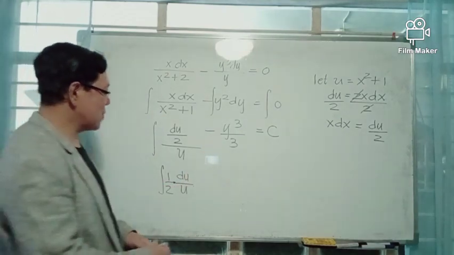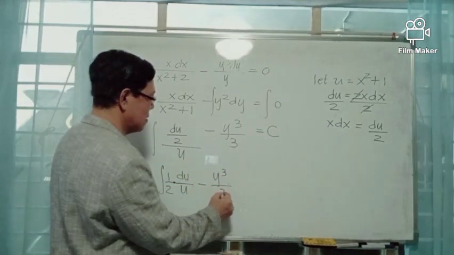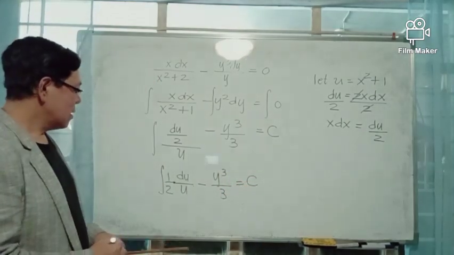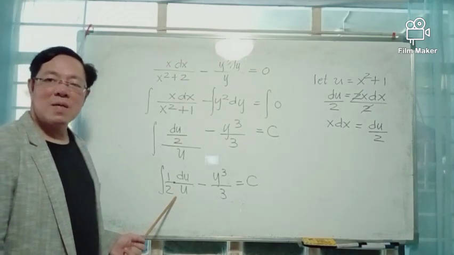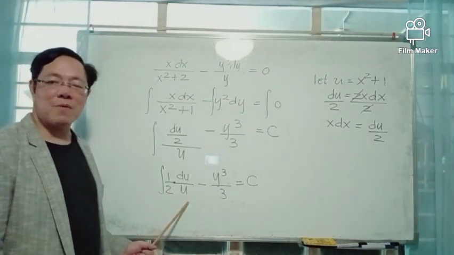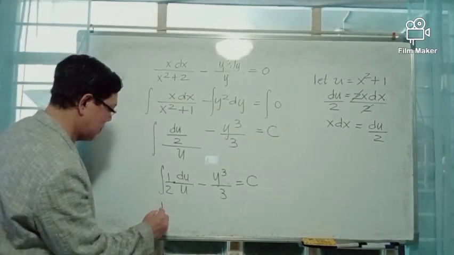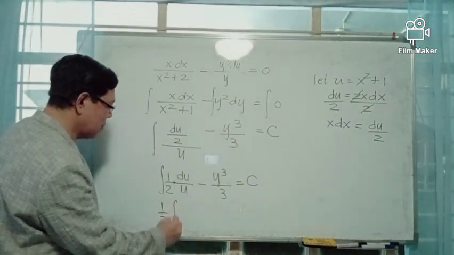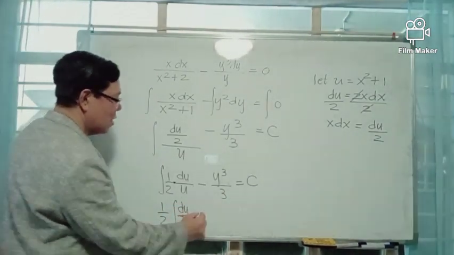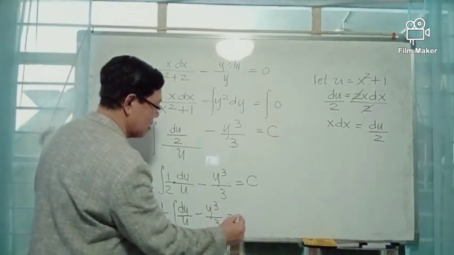And the second term is negative of y cubed over 3 is equal to c. Now by a theorem, integration theorem, the integral of a constant times the function is equal to the constant 1/2 multiplied by the integral of du over u minus y cubed over 3 equals c.